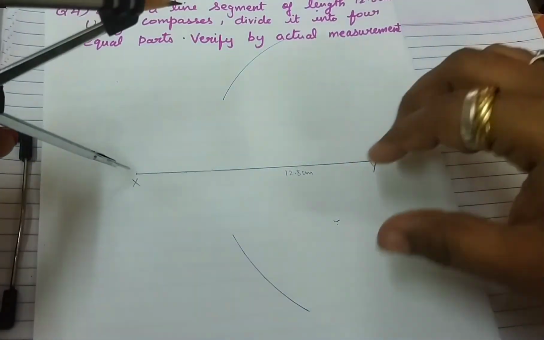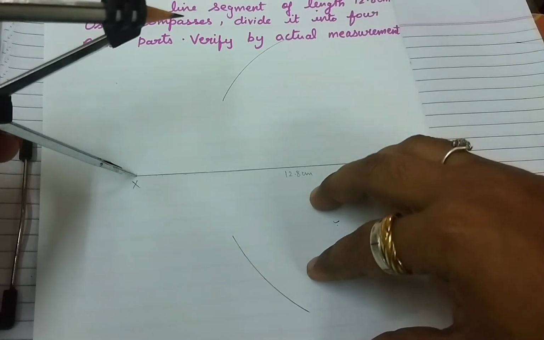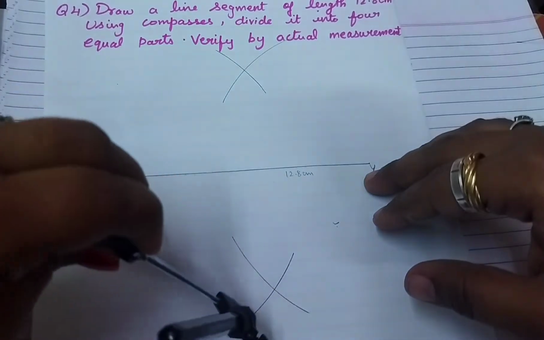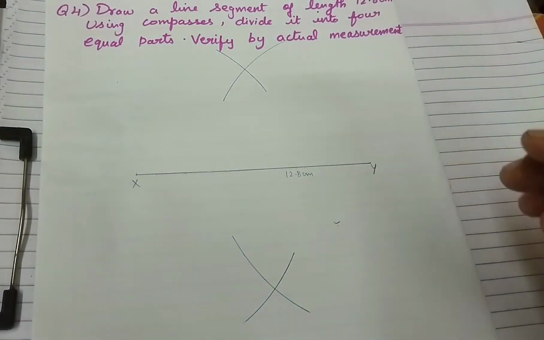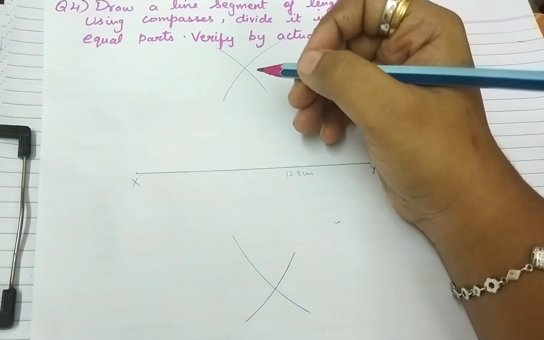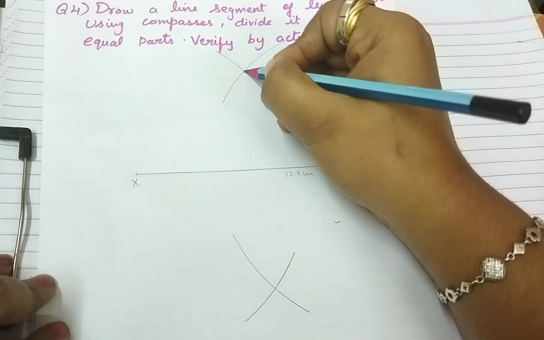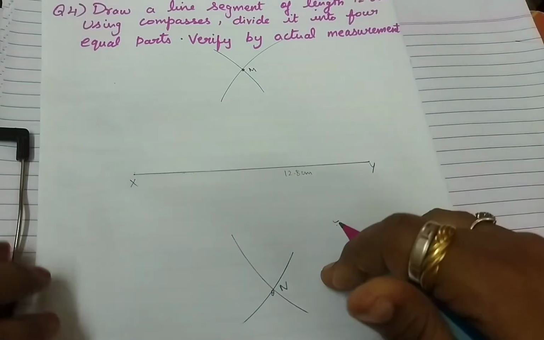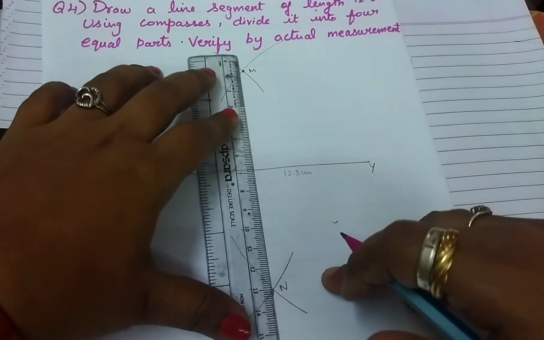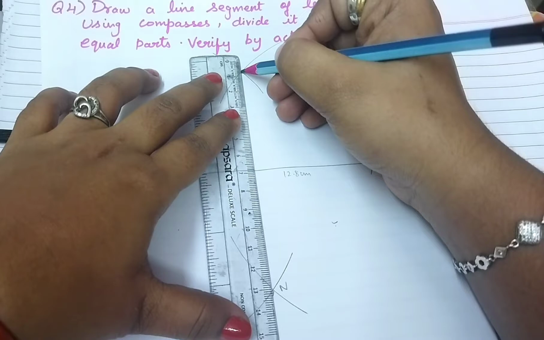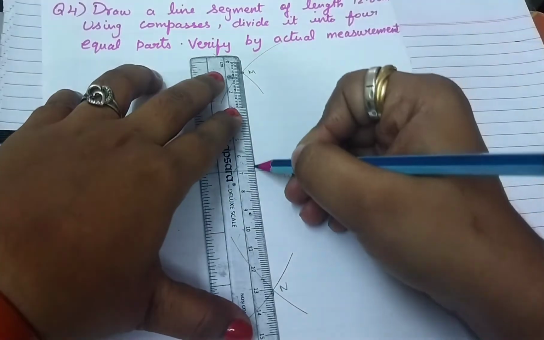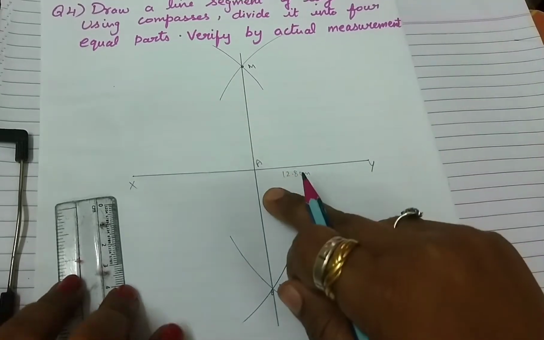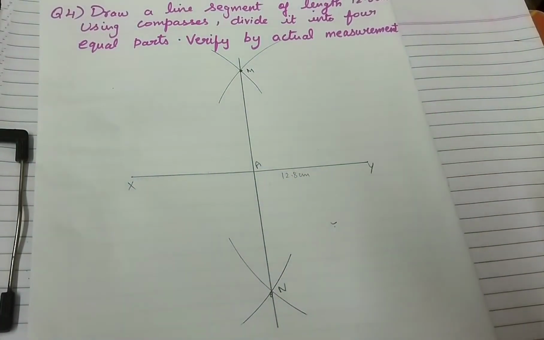Now I am taking X as the center, place it properly, and draw the arc. Now name these intersection points M and N. Now take your ruler and join these intersection points. I'm just drawing a line now. I have named the center point as A.